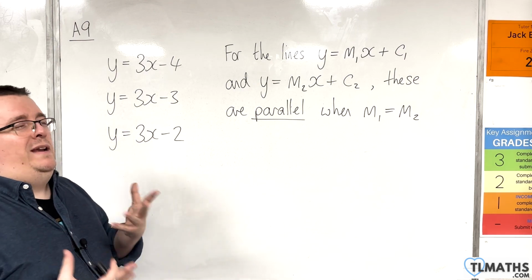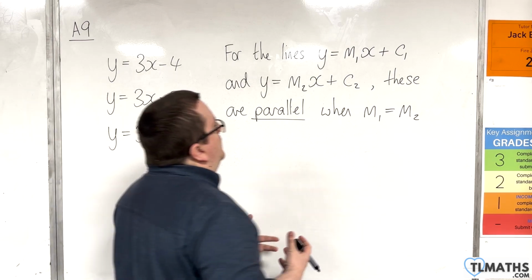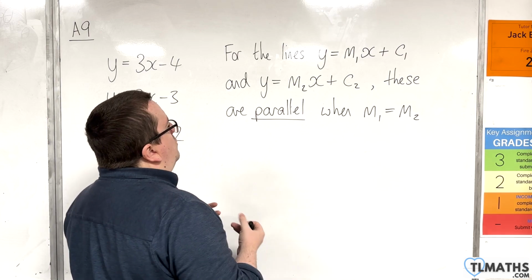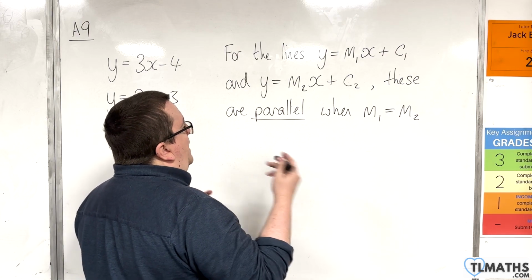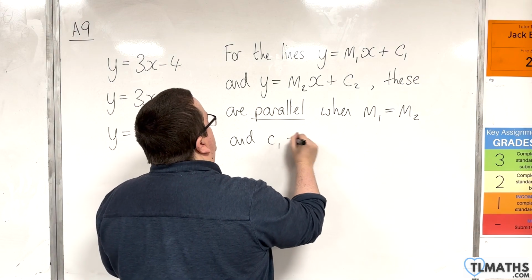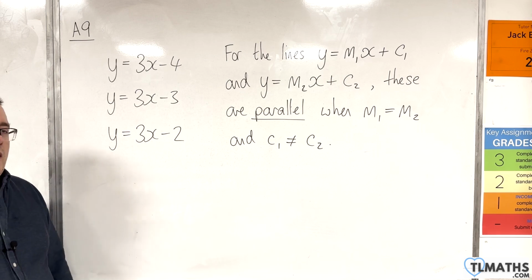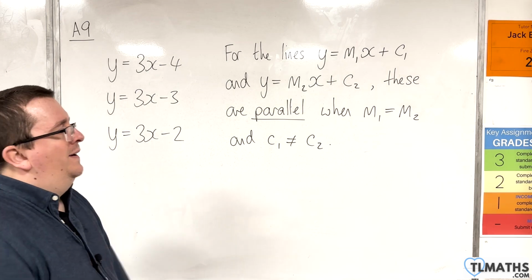We wouldn't really call those parallel because they're the same line. So quite often you would see a restriction, saying these are parallel when m1 equals m2 and c1 does not equal c2, because otherwise they're going to be overlapping one another.